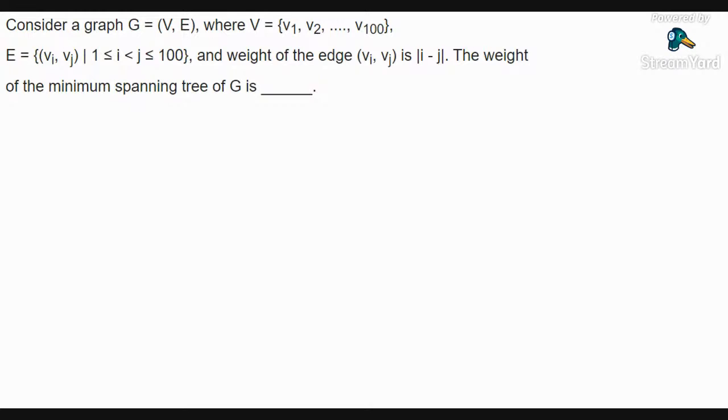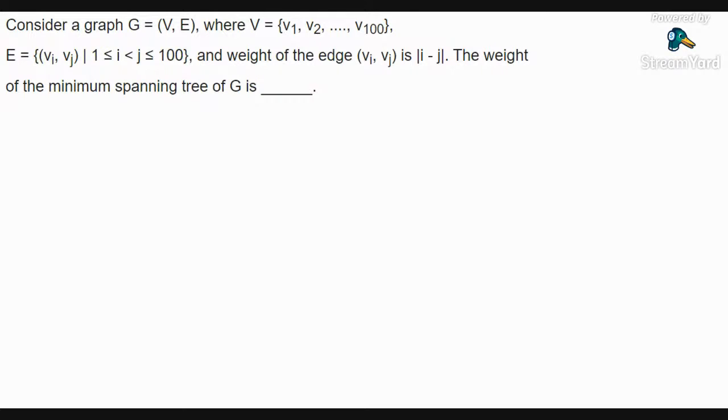What is the meaning of this? If we take V2, V3, then the cost is 1. And if you consider the cost between V2 and V6, this will be 2 minus 6, so the modulus of this is 4.